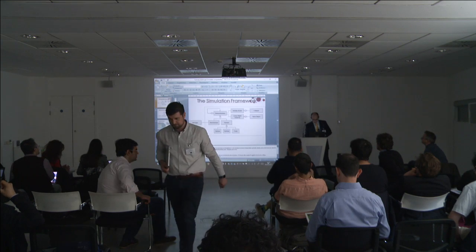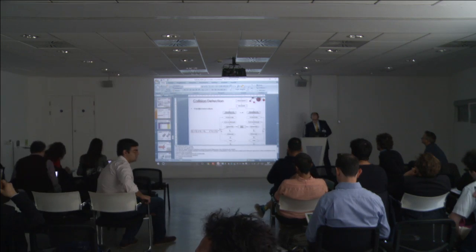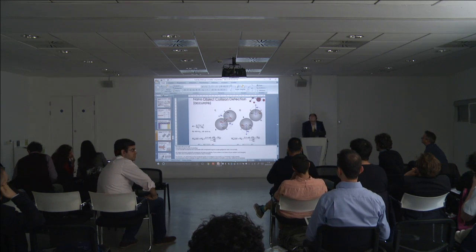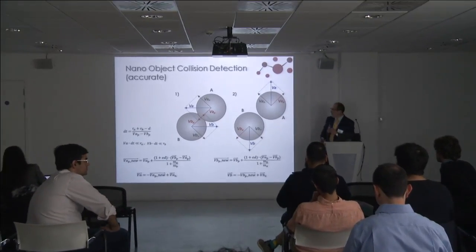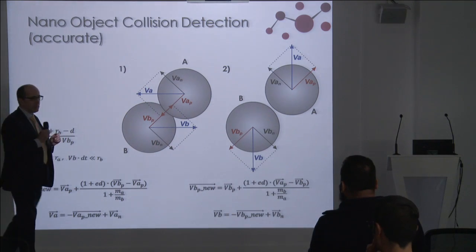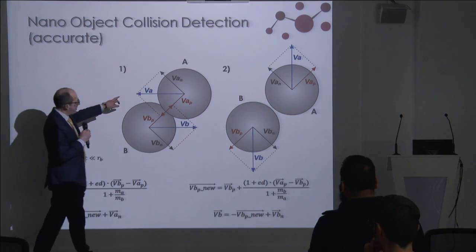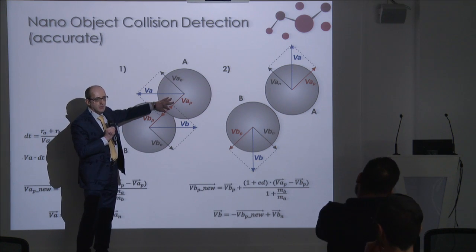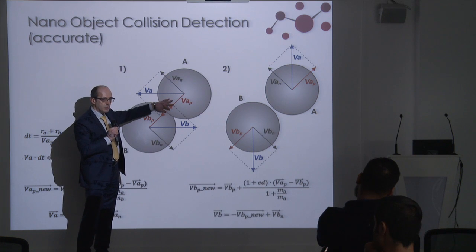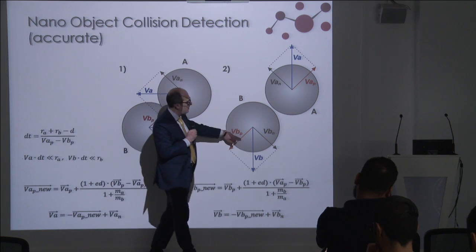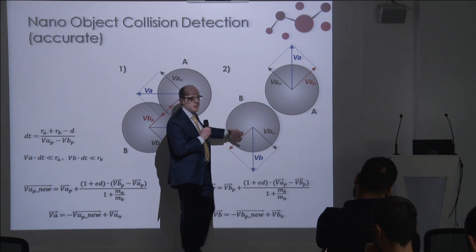Just a moment. I want to find the slide. Okay, in order to determine the suitable time step, what is important is that the product of the velocity vectors times the time step should be such that this overlapping region is not too large. Because for the simulation to be realistic, it is necessary that this overlapping is very small, so that the resulting velocity vectors that are computed are actually realistic.